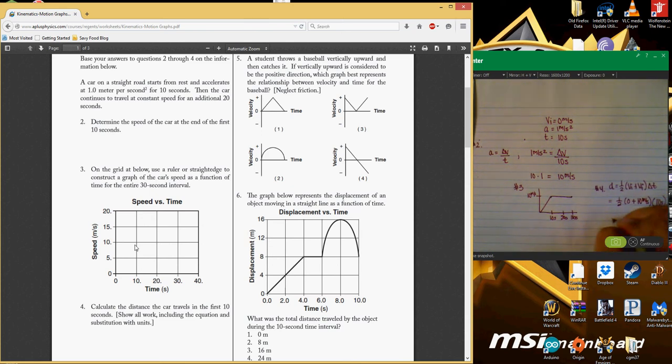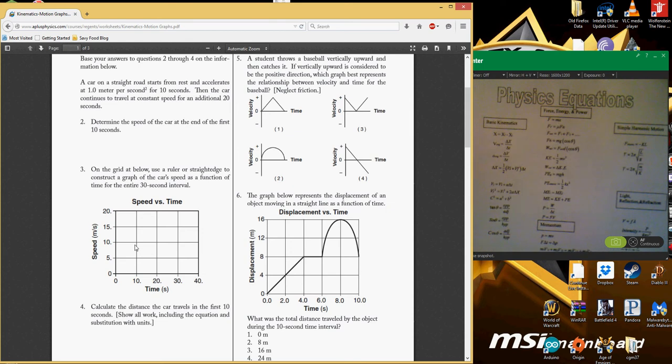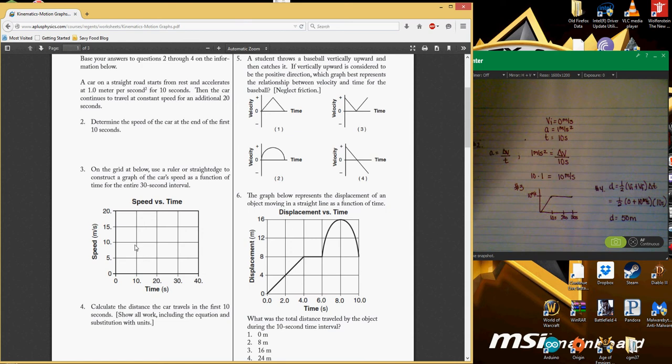So for question number 4, that's what we're going to use. We're going to use the distance equation, which equals half times my initial velocity plus my final velocity, times my change in time. Okay?